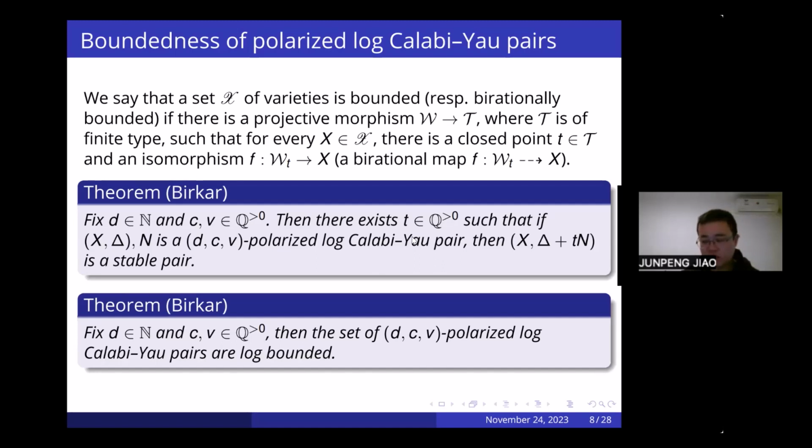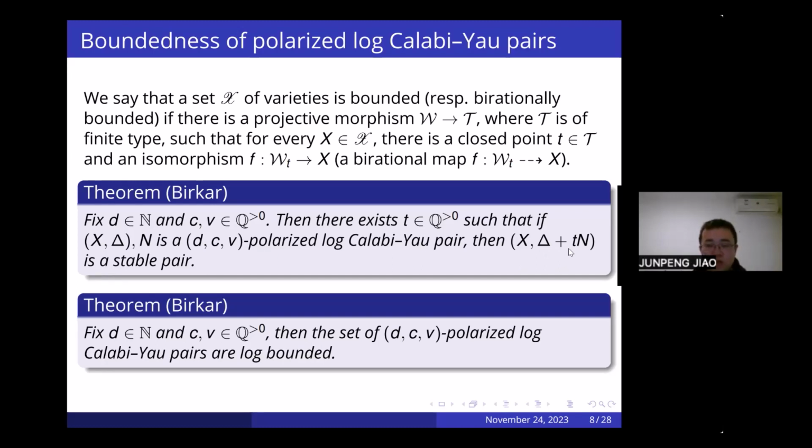It is possible that no matter how small this T is chosen, it is not SLC, but it is a surprising result that once we fix this DCV, there is a lower bound. And once this T is fixed, then we know the coefficients of delta + TN are in a fixed set, and the volume of K_X + delta + TN is bounded.